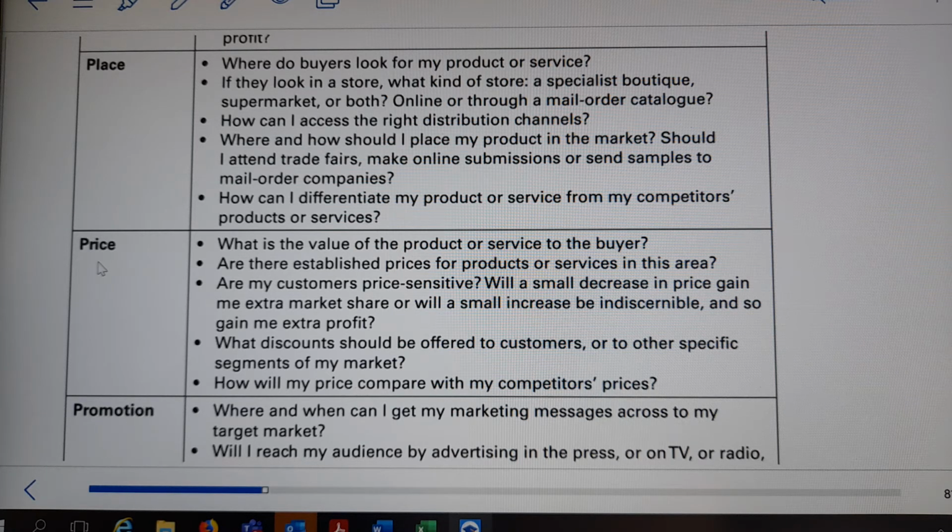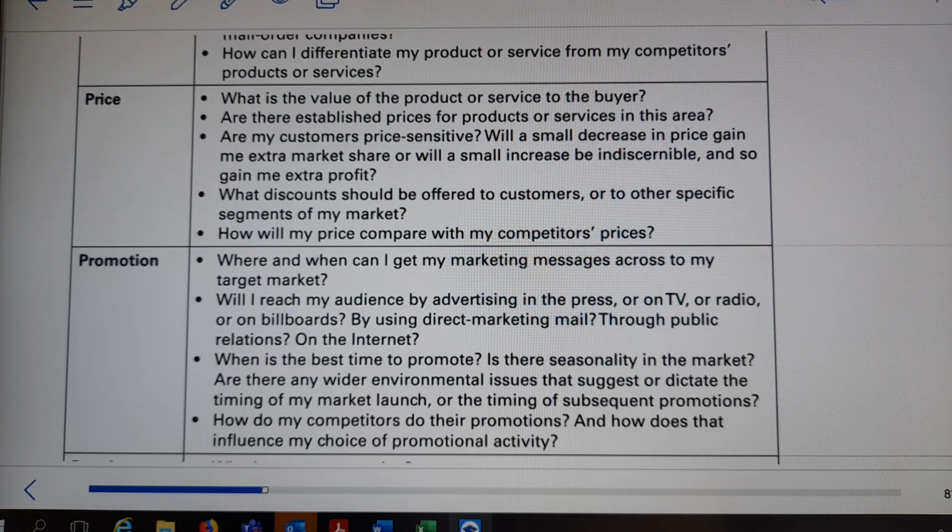The third one is the price. What questions should I ask myself about the price? Here they are. Number one, I must ask myself, what is the value of the product or service to the buyer? What are the established prices for products or services in the area? Are my customers price sensitive?